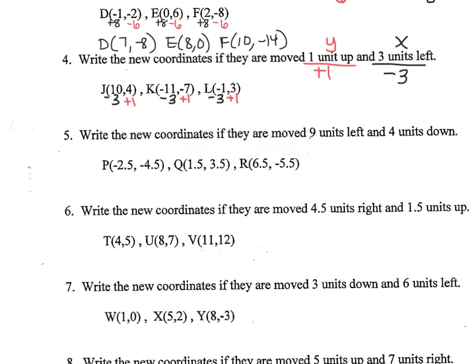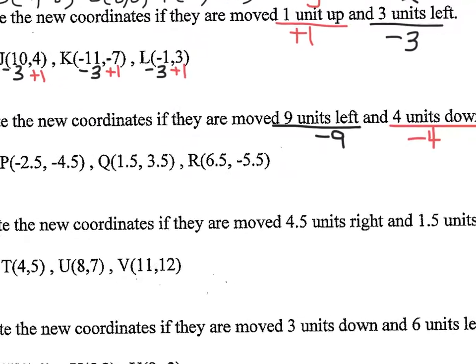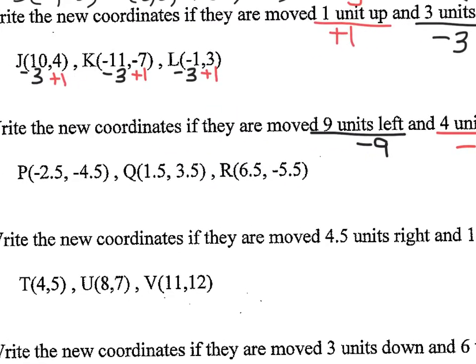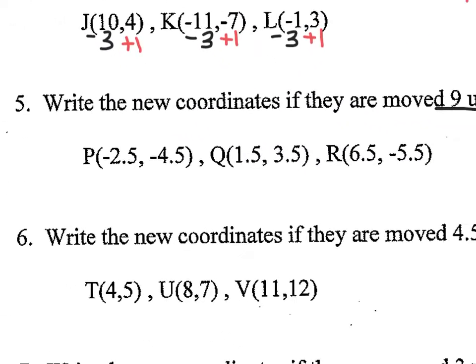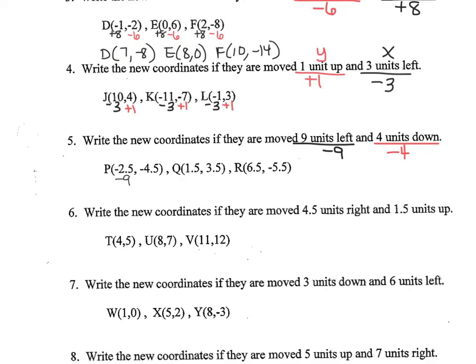Number 5, they moved 9 units to the left. Going to the left means those are the negative numbers, so -9. And if you go down on the coordinate plane, those are your negative numbers. So we're subtracting both of them. So I'm going to do the x values first. So 9 units left, so -9 from each of these.